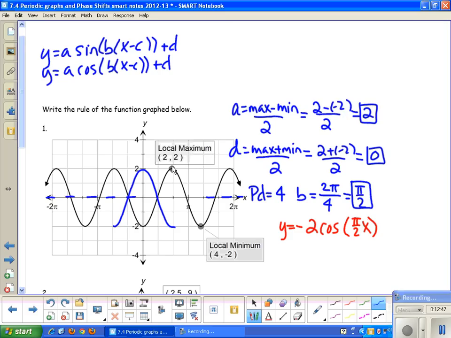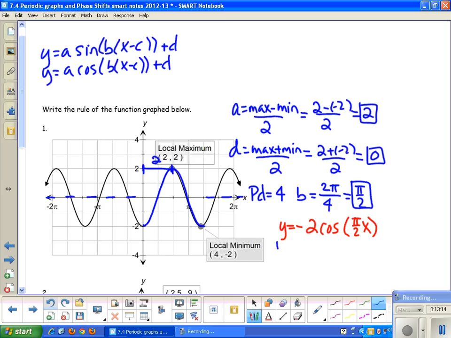I'm shifting it to the right, by whatever value is from here to here. If that local maximum is 2 comma 2, then the distance from here to here is your x value, which would be a distance of, in this case, 2. So I would have to move my graph to the right 2 in order to get that.